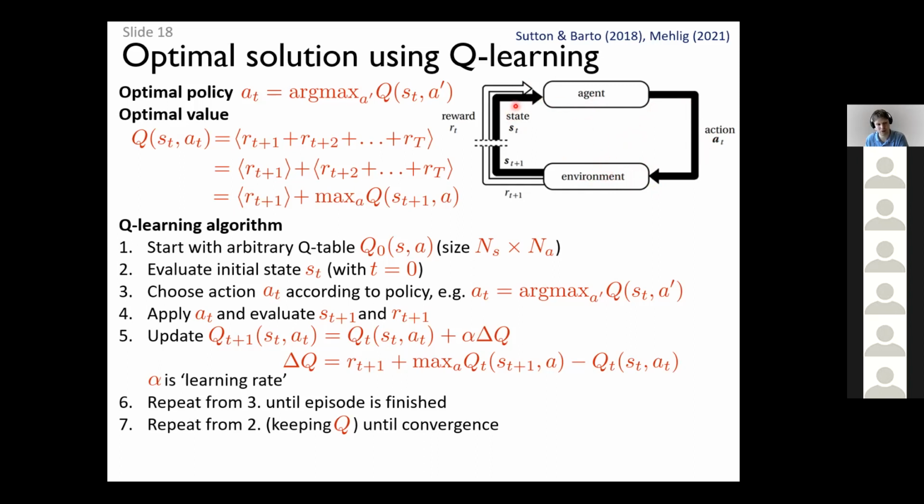Another note on Markovianity is that in most cases, even if the system is not Markovian, we can make it Markovian by including more information about the state. For example, if you remember the video game, if you just have the immediate video frame, you can't really learn anything because you don't know how the ball is moving in the system. But if you include a history, so you include 4 video frames, then you have a larger state space and the system becomes more or less Markovian.